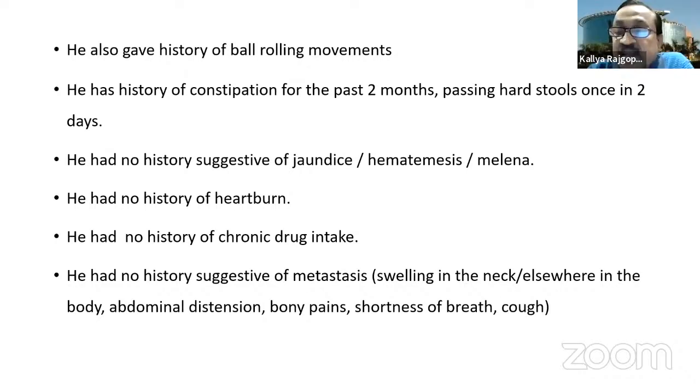You go ahead, Likita. Two questions from my side. One is, you have written there, no history suggestive of jaundice, hematemesis, melena, in one sentence. Where would I put this hematemesis and melena in this history? Along with the vomiting, probably you would have added it.